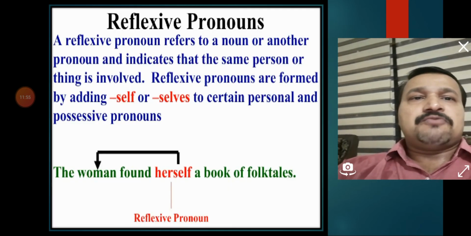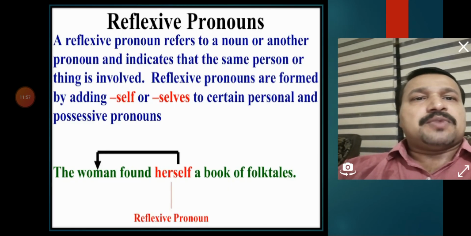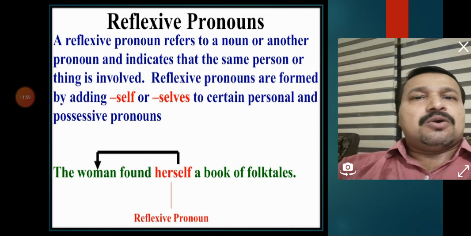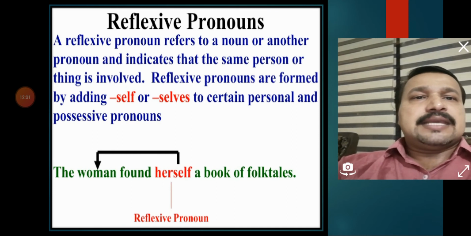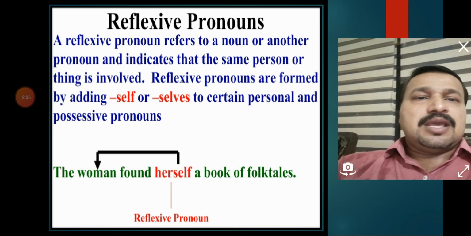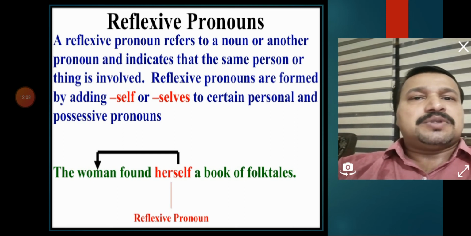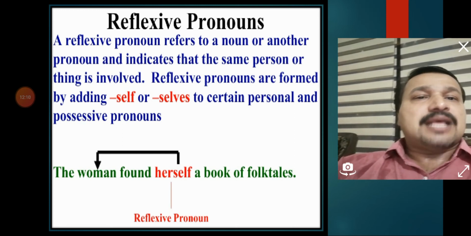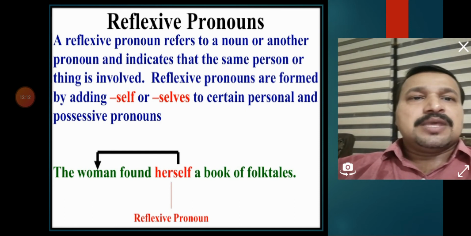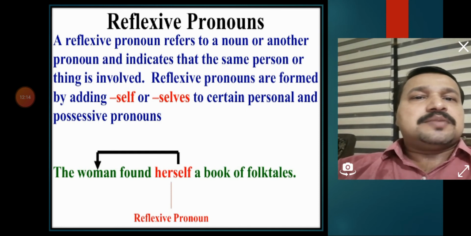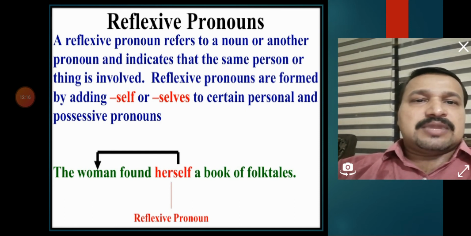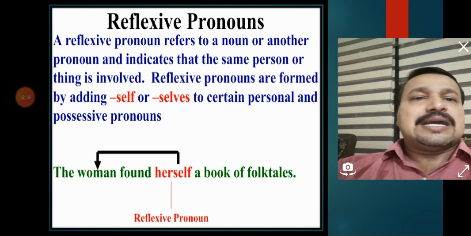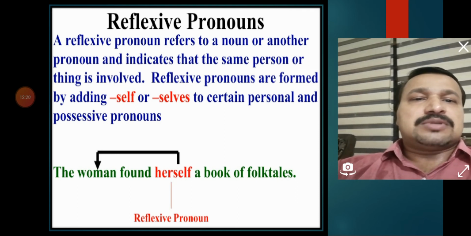Next one, reflexive pronoun. A reflexive pronoun refers to a noun or another pronoun and indicates that the same person or thing is involved. Reflexive pronouns are formed by adding self, or selves as the plural form, to certain personal and possessive pronouns. For example, the woman found herself a book of folk tales.